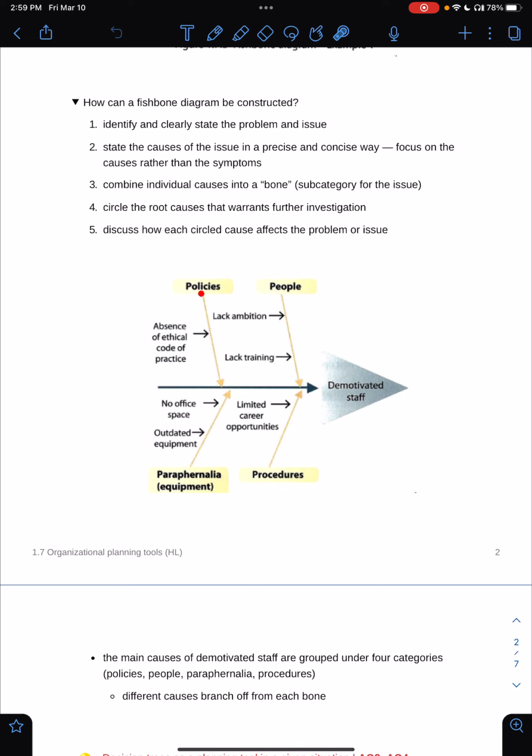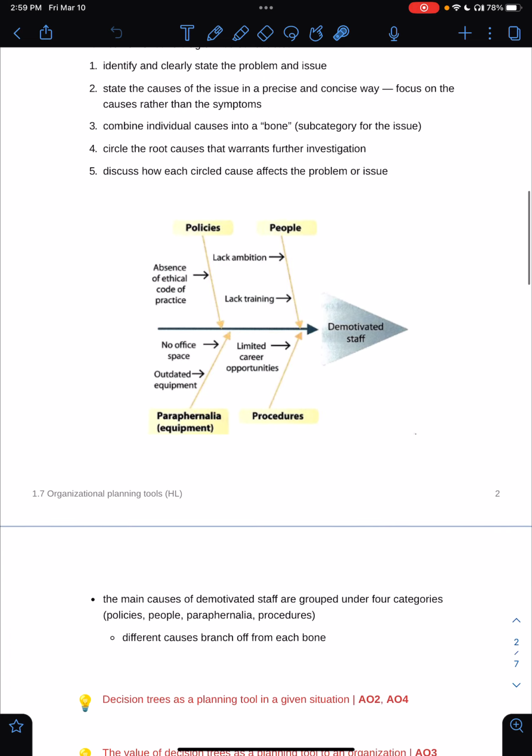And under each bone, under each subcategory, we can see that there are specific causes that contribute to a demotivated staff. So for example, when we look at this bone here, for people, we can see that there's a lack of ambition and a lack of training, and these are both causes for the ultimate effect of a demotivated staff.